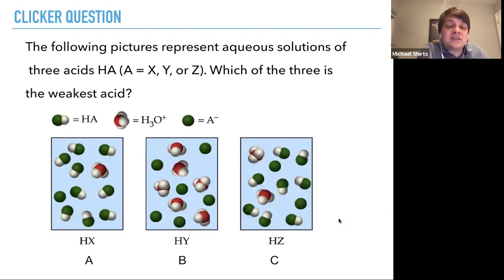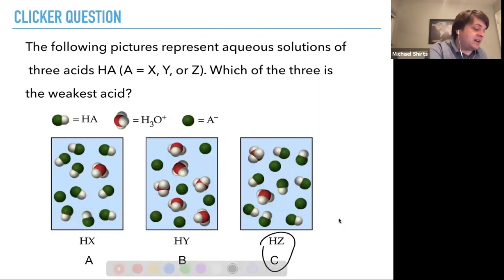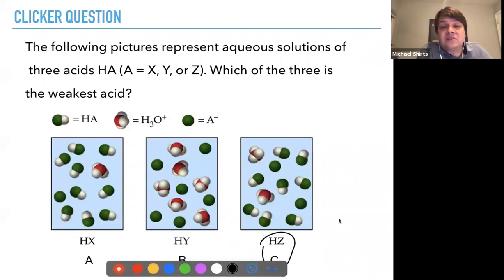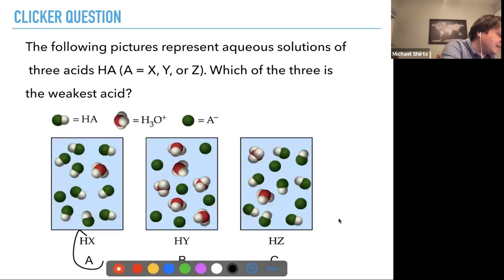All right, coming back. The weakest acid would be the one that produces the least hydronium. So that would be C. No, sorry, back. I was not paying attention. The weakest acid is the one that produces the least hydronium, which is A. There we go. I was not looking in the right place.